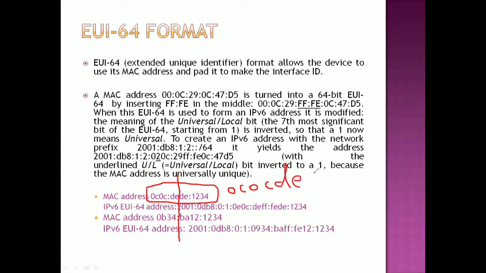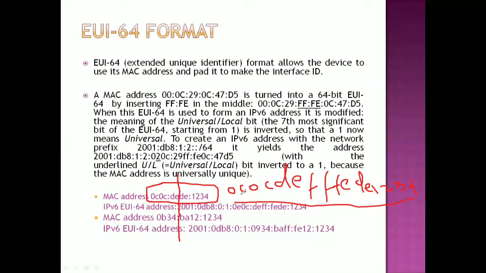Now I have to introduce the triple FE in between these two parts. So this is the triple FE, and then DE 1, 2, 3, 4. So this is the way to convert your MAC address into the 64-bit form.